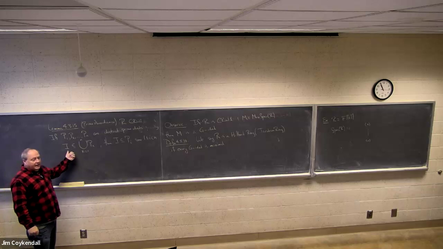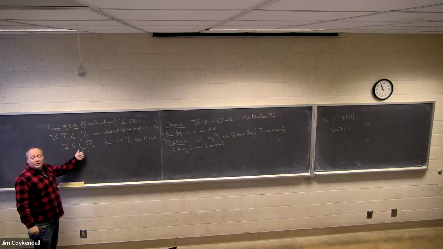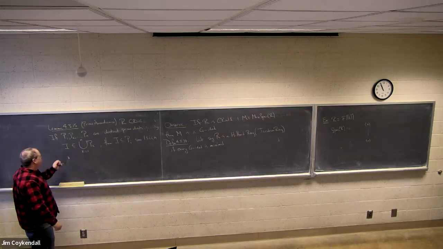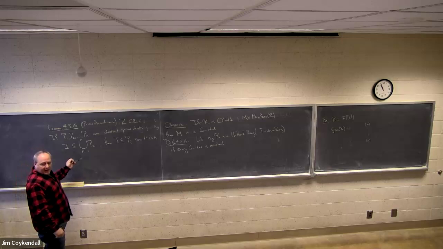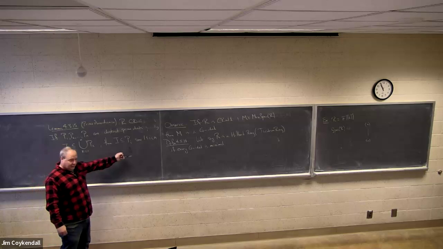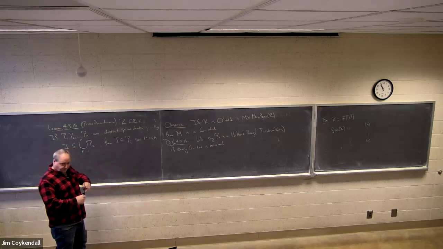So if you have an ideal and you can cover it up, imagine that these prime ideals are like little quilts that you lay over the ideal I. If you can cover the ideal with finitely many of these little prime quilts, you had to have covered it by one.